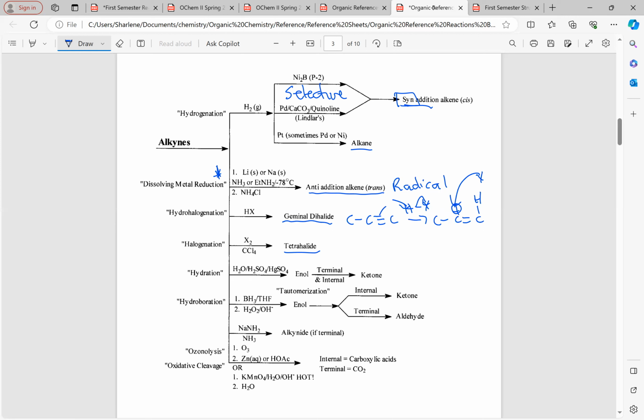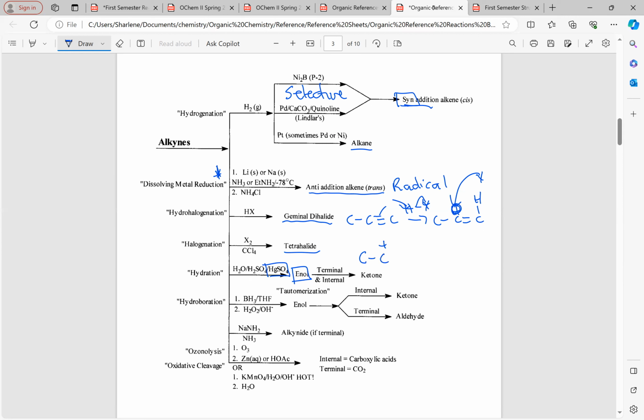Oh, look, hydration. Remember, the alkyne's a little bit more difficult. So when you do hydration, we throw some mercuric sulfate in there, or something to help. But that's the one that I have on the sheet. Your first step is the formation of an enol. So right here, it's the same mechanism.